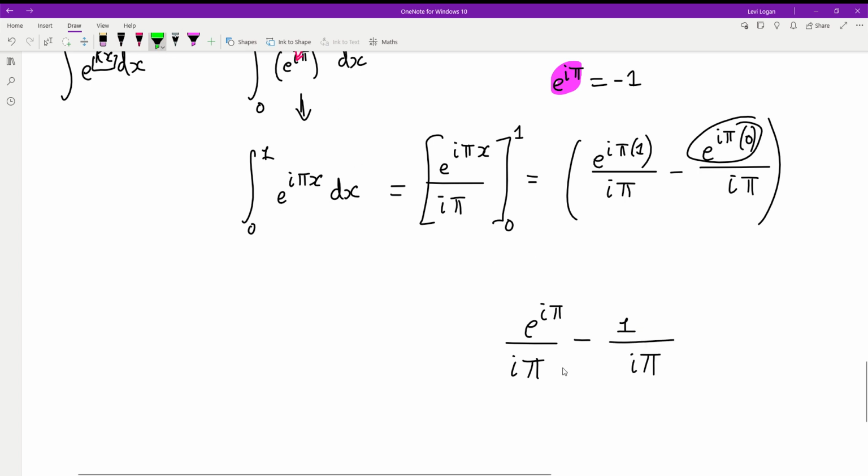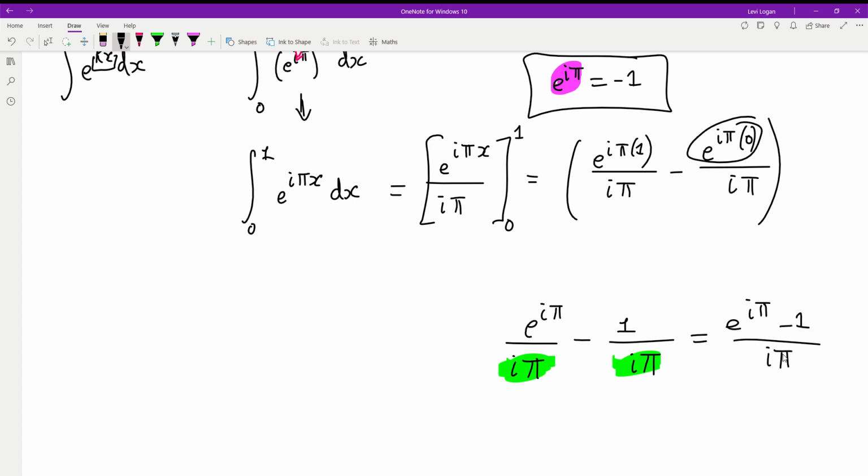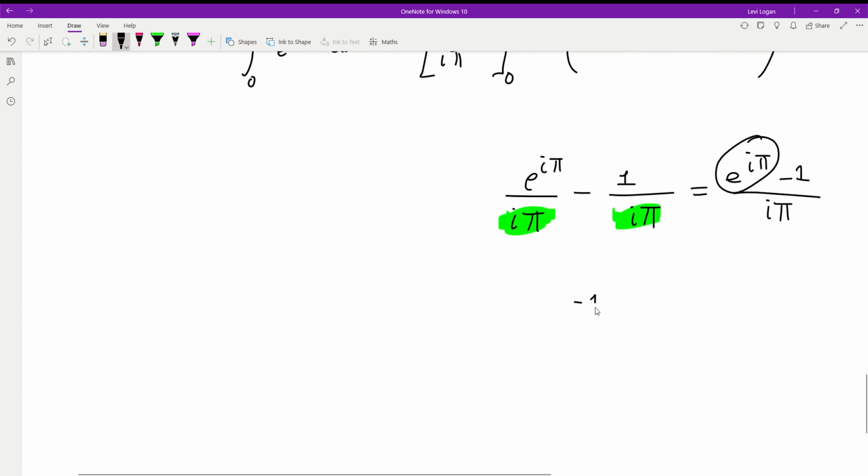And you'll notice that these have common denominators, so we can evaluate this even further. So we'll have e to the i pi minus 1 all over i pi. And we said before that e to the i pi is -1, so we can replace this with -1. So we'll have -1 minus 1 all on i pi. So we'll have -2 on i pi.